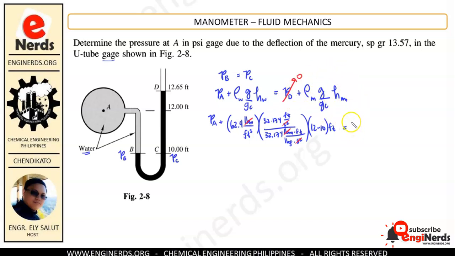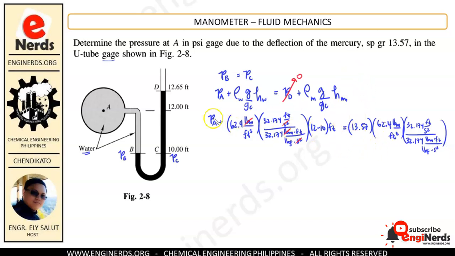So, the density of mercury, we will have the specific gravity, which is 13.57, times the density of water, which is 62.4 pound mass per feet cube, times 32.174 feet per second squared over 32.174 pound mass feet per pound force second squared, and then multiply it to the height.